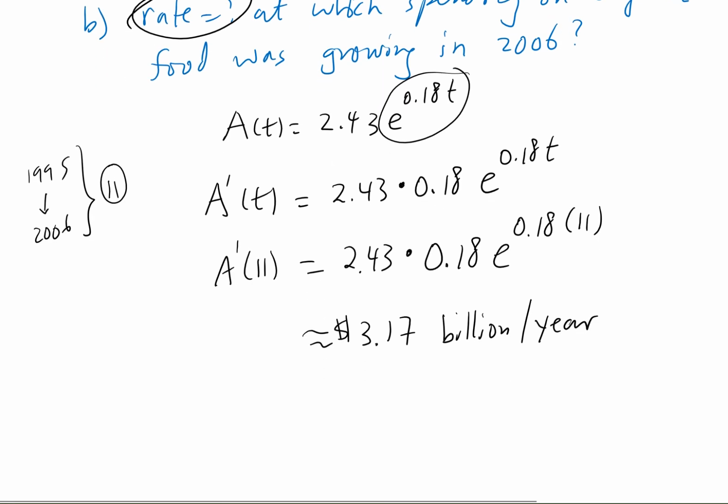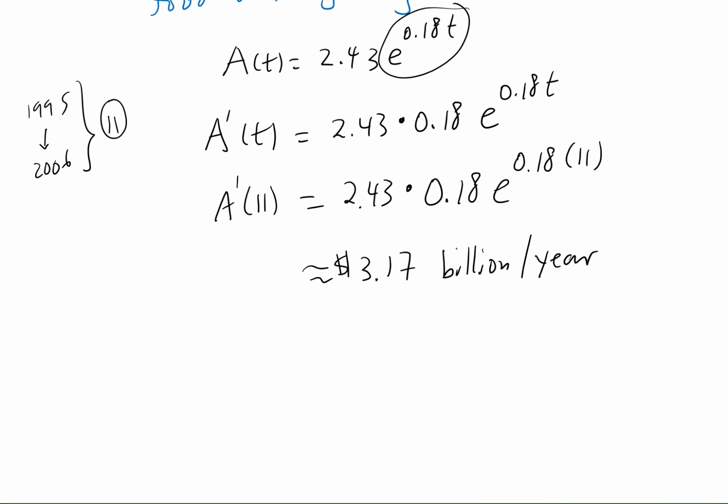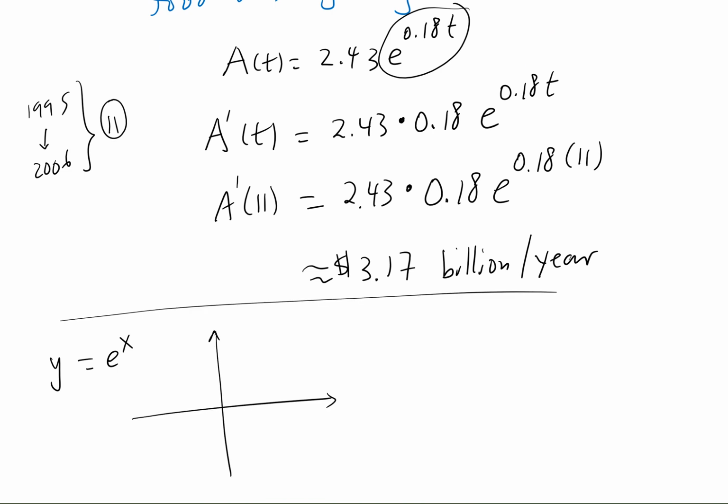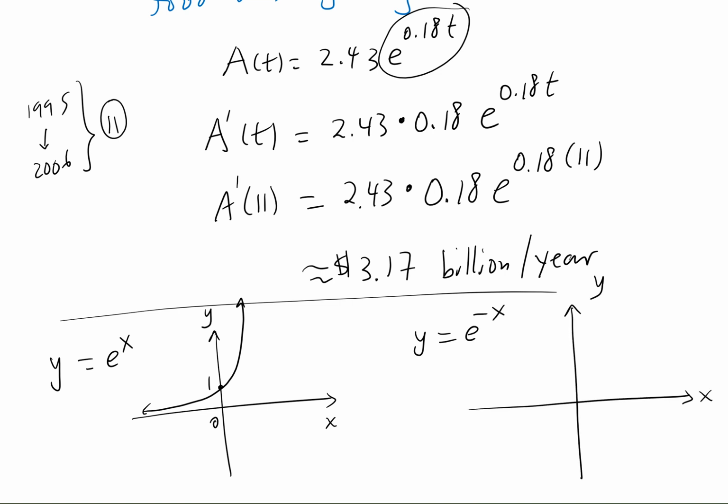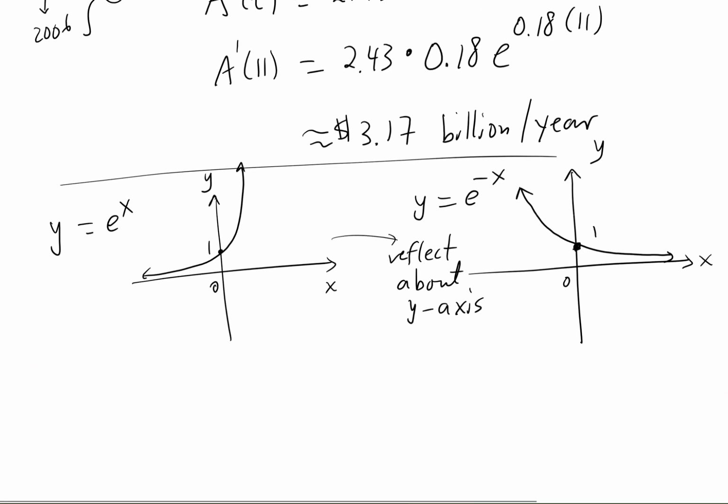And one last thing. We graphed earlier y equals e to the x, if you remember. It was this. How do we graph y equals e to the negative x? Negative x means make x negative x, so that's a reflection about the y-axis. So reflect this graph about the y-axis.